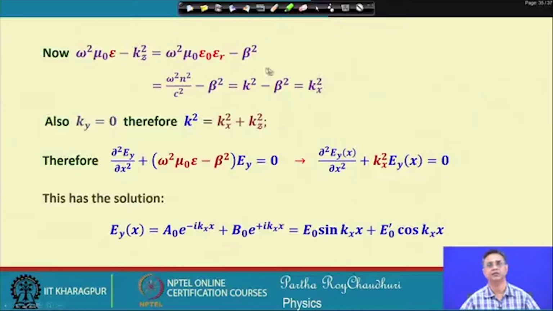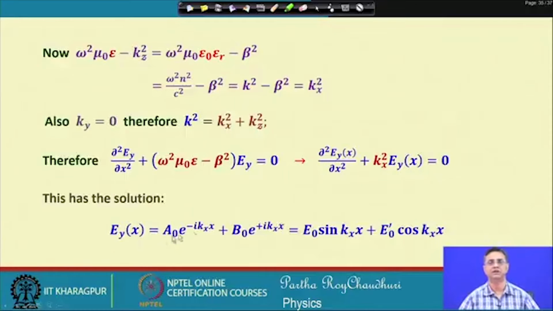That is why I have got this connection. Therefore, this quantity is nothing but k x square: your total k square minus the z component, the y component is not appearing. So, it is equal to k x square equal to 0.